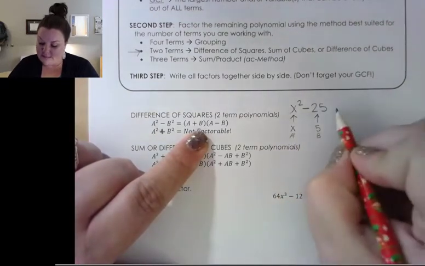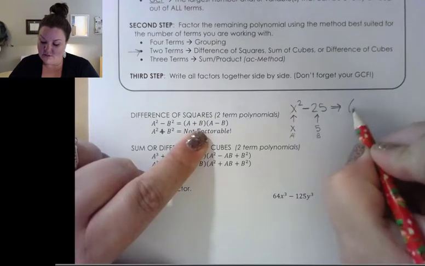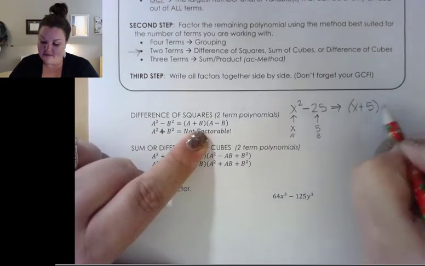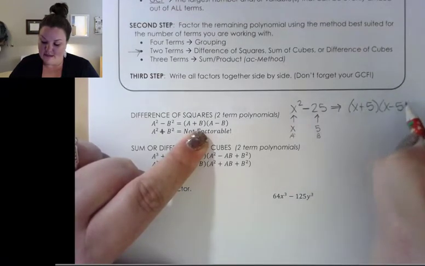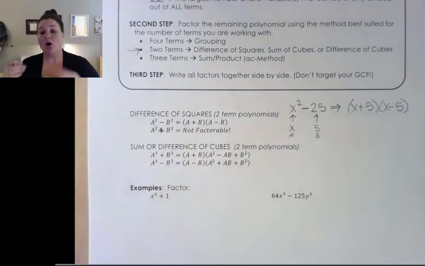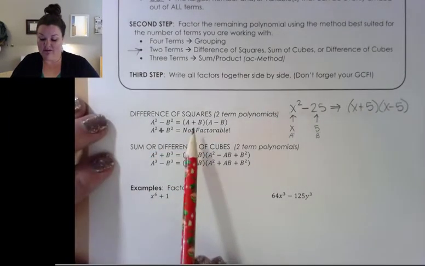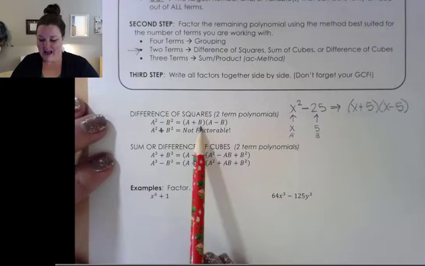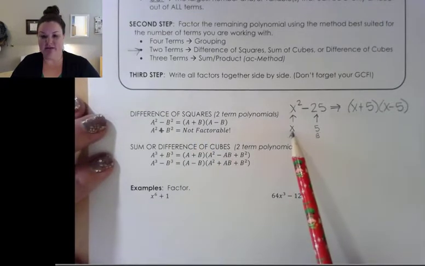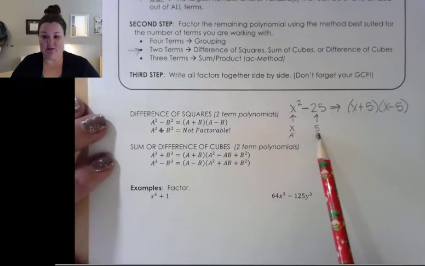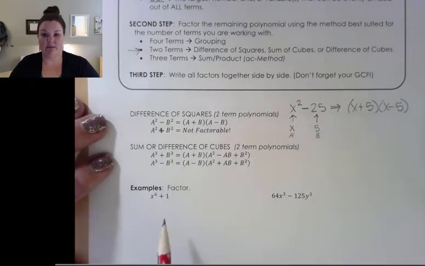Okay, so that means that this would factor into x plus 5 times x minus 5. Okay, so all you're required to do is 1, know the formula, okay, and 2, be able to identify what is the base values that we're going to plug into that formula, okay, and then that's fully factored.